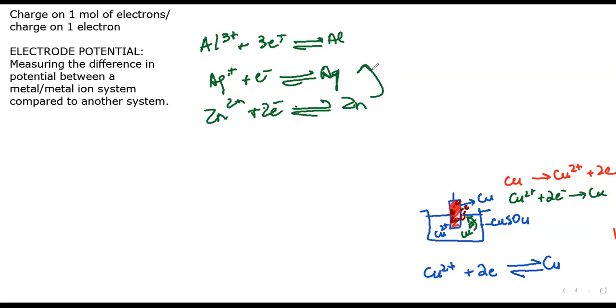This is how you're going to decide, when you look at your data booklet, which one is easier to reduce. You will decide it based on the value of electrode potential. The more positive the value of electrode potential, the easier it is going to be for you to reduce that particular ion.